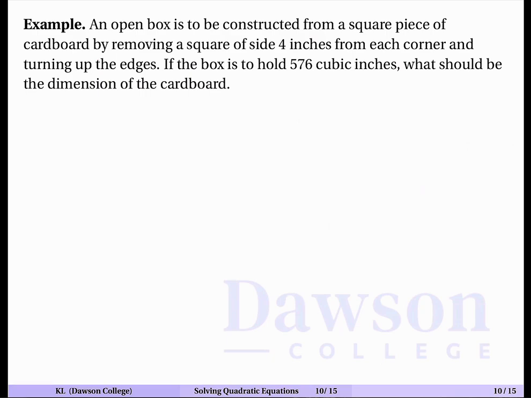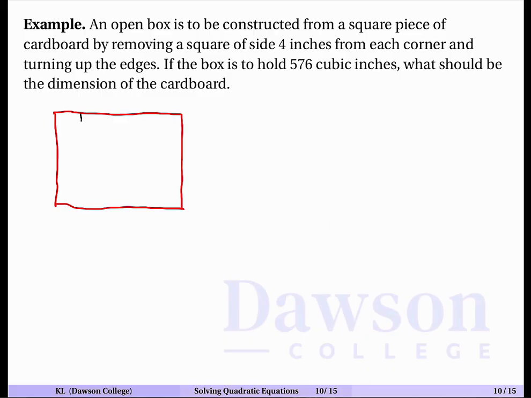Let us analyze this. So you got a cardboard, and then you are going to remove squares on the four corners of the cardboard of side 4 inches.